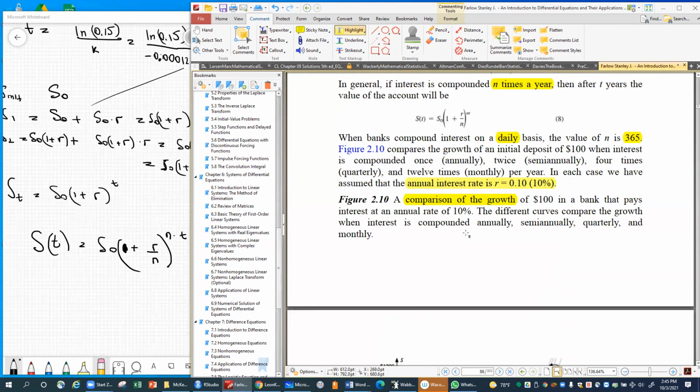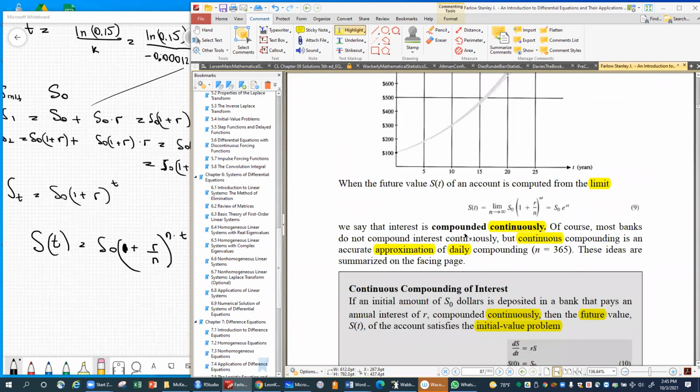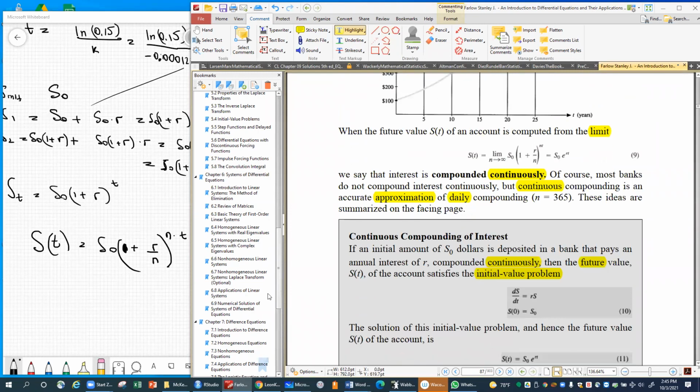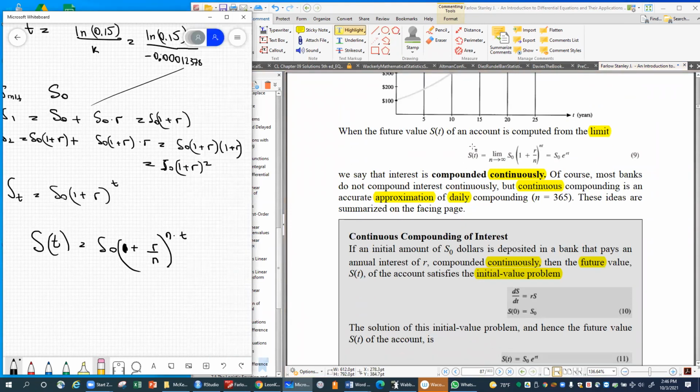So the more often you compound, naturally, the slightly bigger amount of money you get, okay? So that's good. Now, there is a very interesting limit here. What if you keep compounding more and more often, okay? So there is a limit of n going to infinity of this formula.